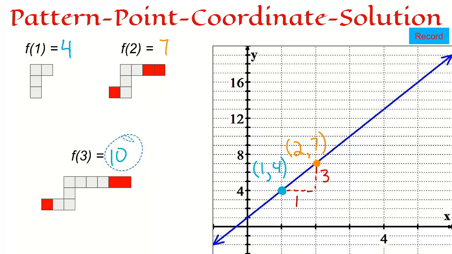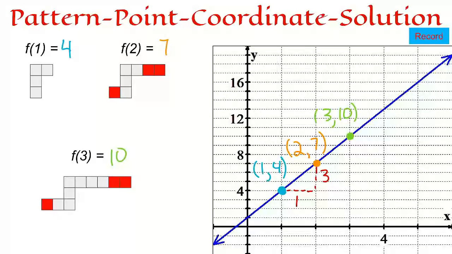And now down here, I'm going to recolor that one. Let's do it in green. That looks good. And so in figure 3, we have 10 tiles. So when the x value is 3, the y value is 10.